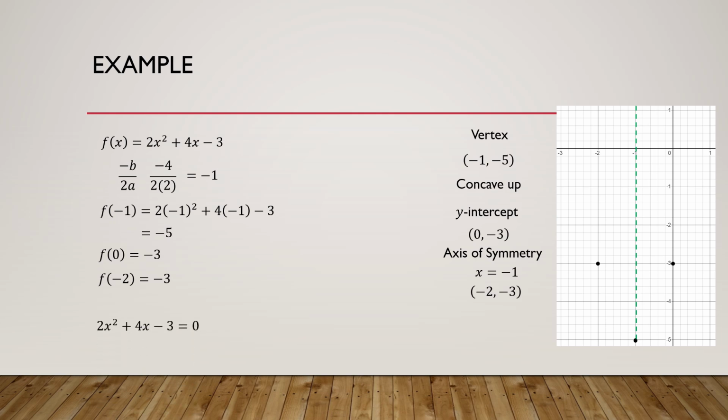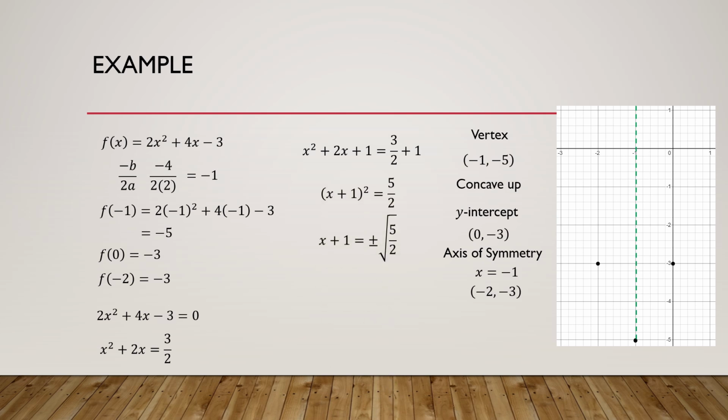Again, we find the x-intercepts by setting 2x squared plus 4x minus 3 equal to 0. We'll complete the square. Divide all terms by 2 and add 3/2 to both sides. Half of 2 is 1, and 1 squared is 1, so add 1 to both sides. The trinomial factors into x plus 1 quantity squared, and that equals 5/2.